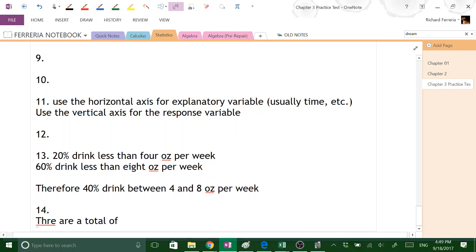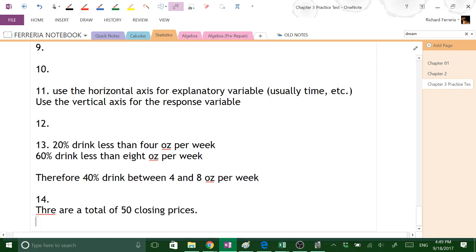Let's see, 13 plus 8 plus 15, it's 50? 7 too, okay. For a total of 50 closing prices.